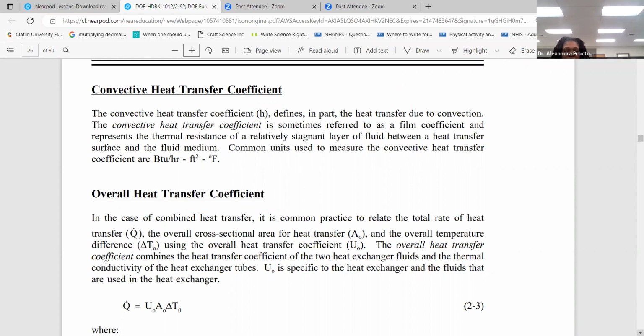The overall heat transfer coefficient combines the heat transfer coefficient of the two exchanger fluids and the thermal conductivity of the heat exchanger tube. So U sub 0 is specific to the heat exchanger and the fluids that are used in the heat exchanger, where Q is equal to U sub 0, A sub 0, and delta T sub 0.